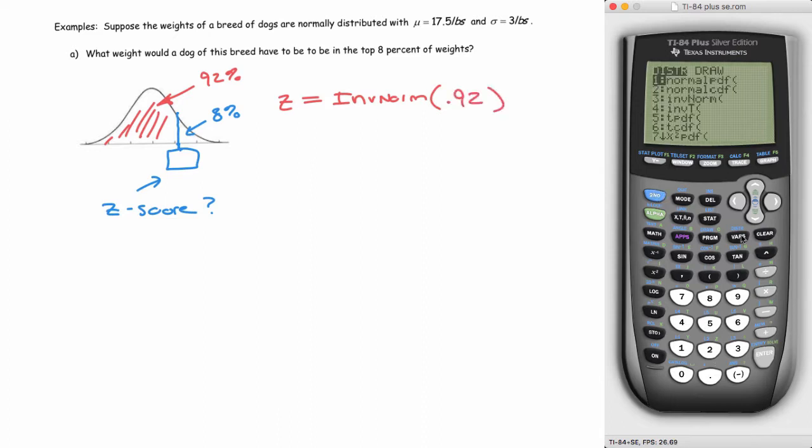Again, that's just because the calculator is programmed that way. So I hit second variables, go down to number 3, put in 0.92, and I get 1.41. So that's the z-score that goes with this.